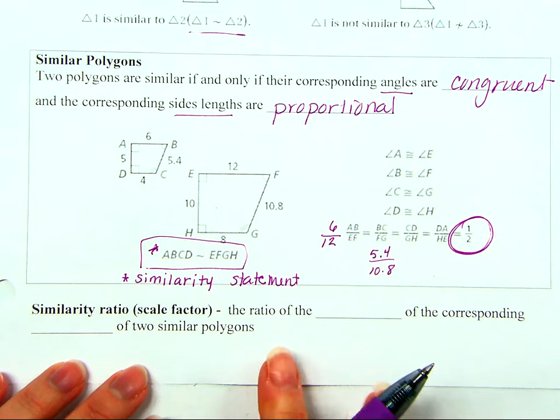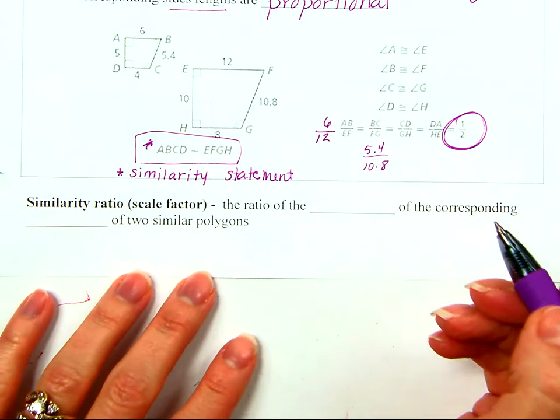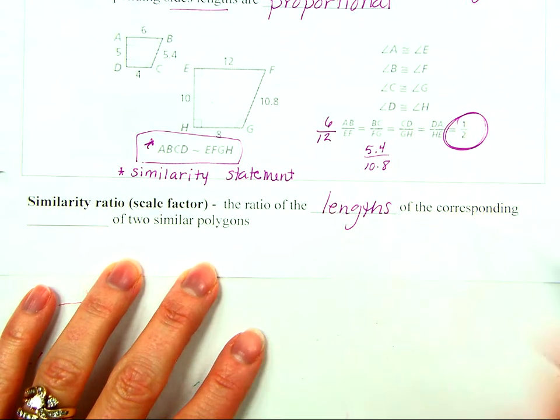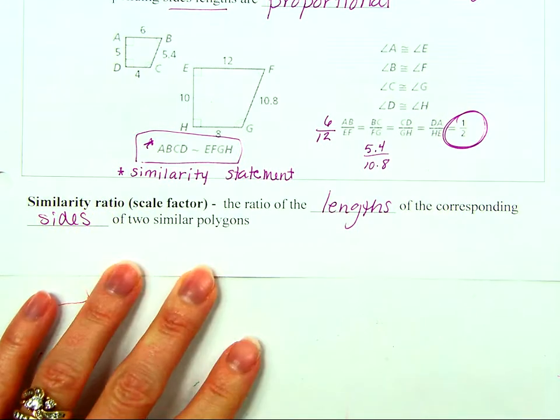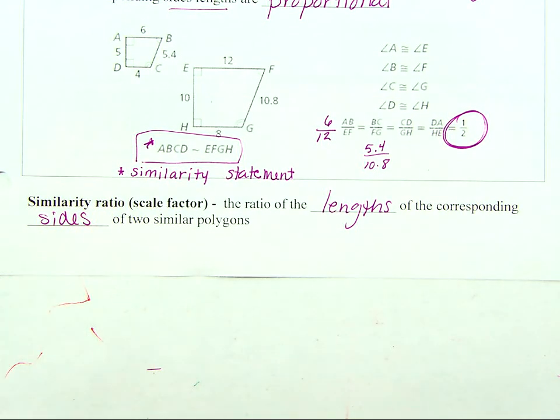Now the similarity ratio, the definition of that, says that it is the ratio of the lengths of the corresponding sides of two similar polygons. And it's very, very similar to thinking about that as the scale factor.